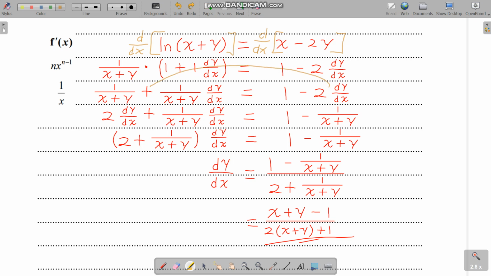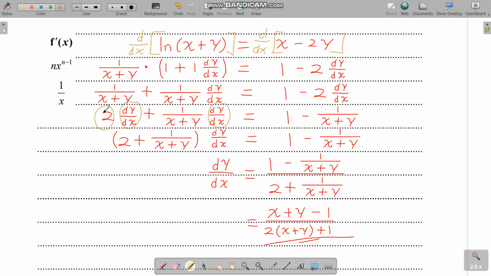So add 2y dy/dx to both sides, and then we subtract 1 over (x + y). So we get this on the right, and we can pull out the dy/dx.